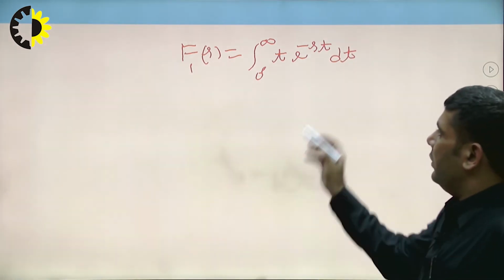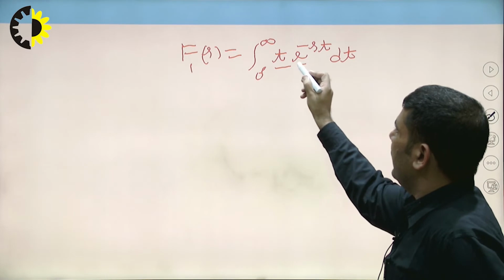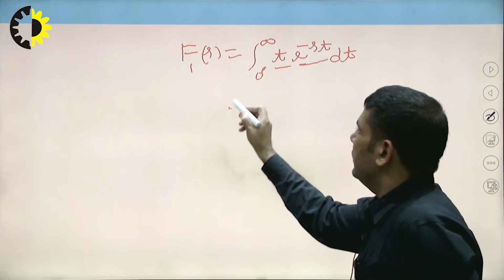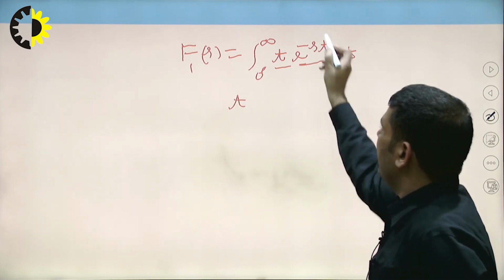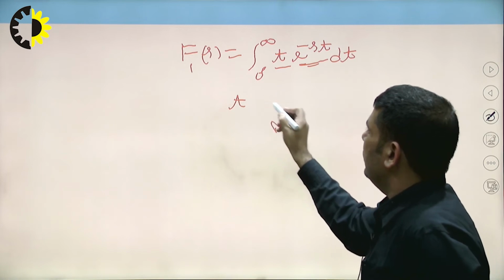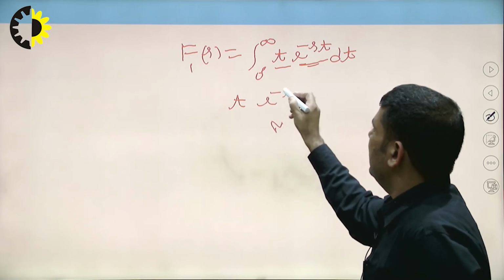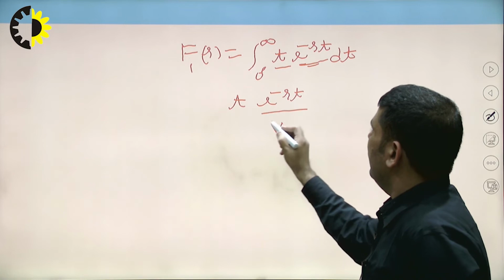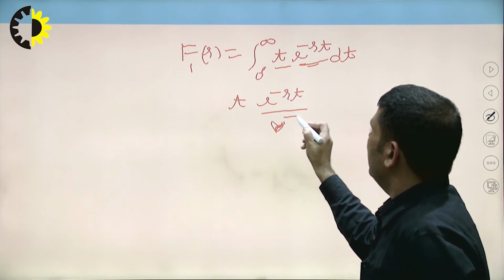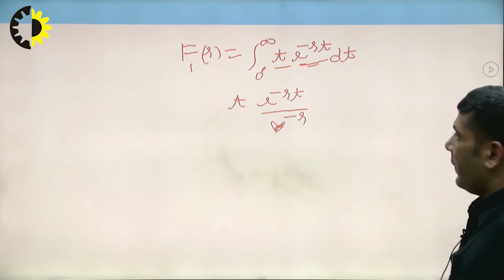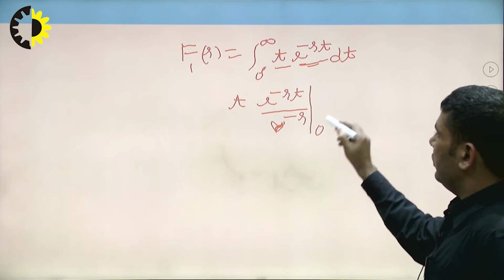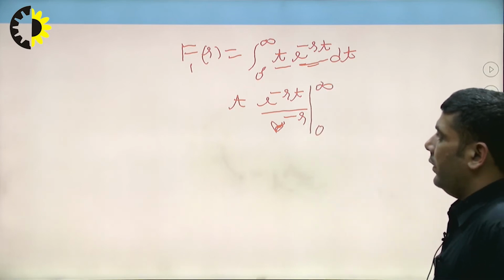So this is the first function, this is the second function. First function as it is, integration of the second function, that will come out to be e raised to power minus st upon minus s, and here the limits are from 0 to infinity.